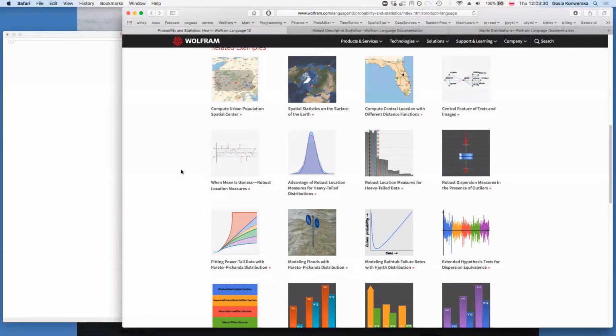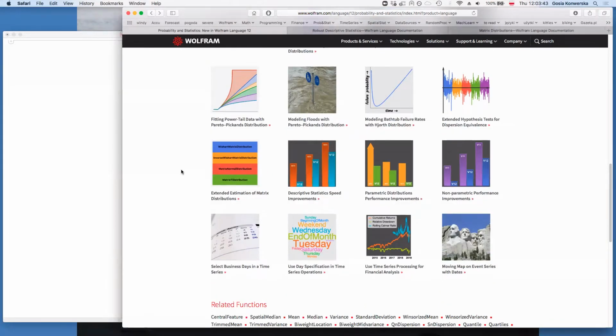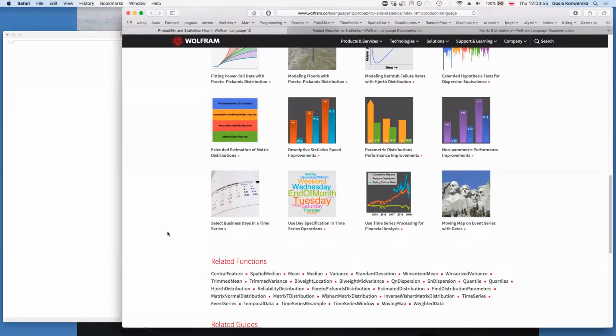The second row talks about the robust measures of location and dispersion. The third row is about the new distributions and also a little example on the hypothesis test. The next row has examples on the matrix distributions, and then some examples where our computations are faster when compared with the previous version 11. And the last row is all about processing time series.